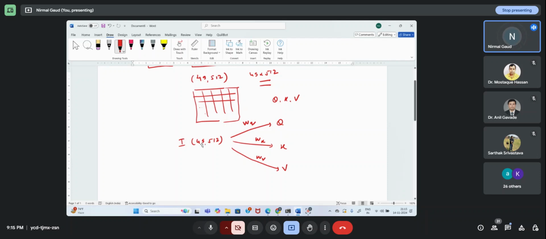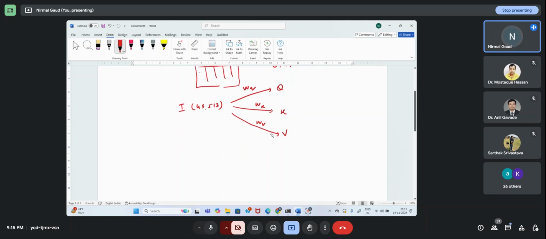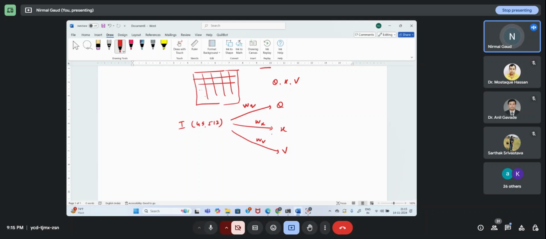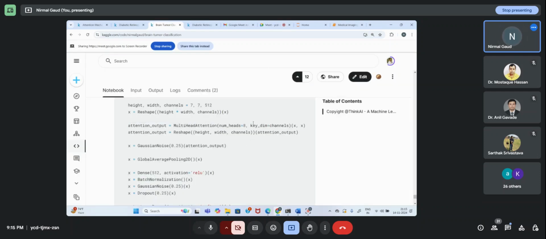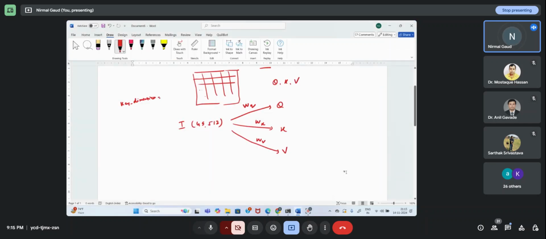Okay, so 49, 512. You have to make Q. As I already told, the key dimension, the dimension of key, you can see in the code, I did mention that the dimension of key is equal to the number of channels, and right now I have 512 channels available to me, so the key dimension is 512.